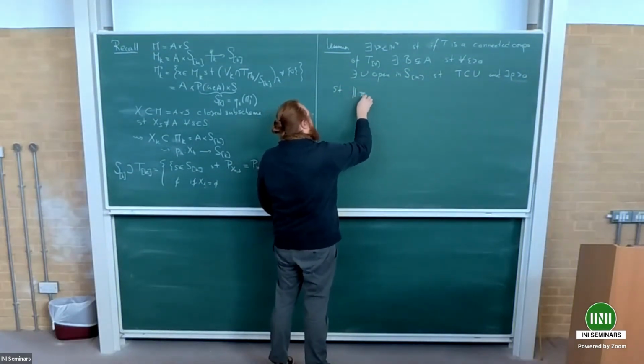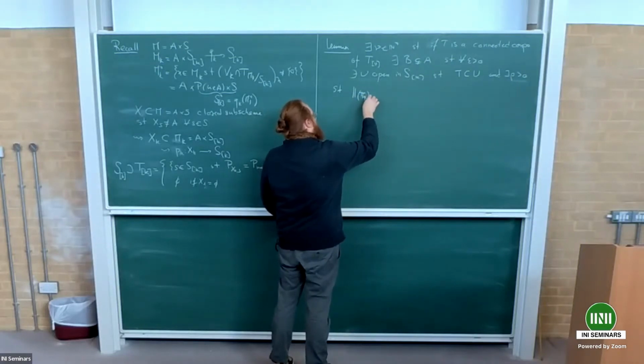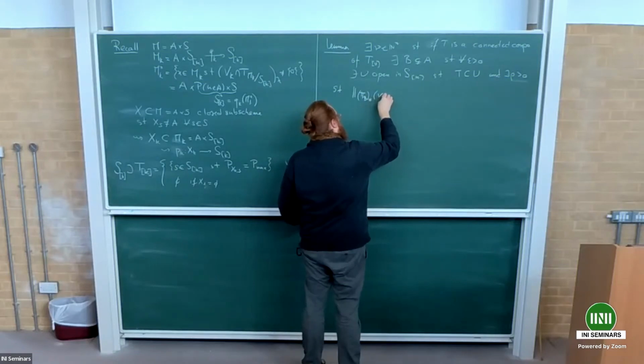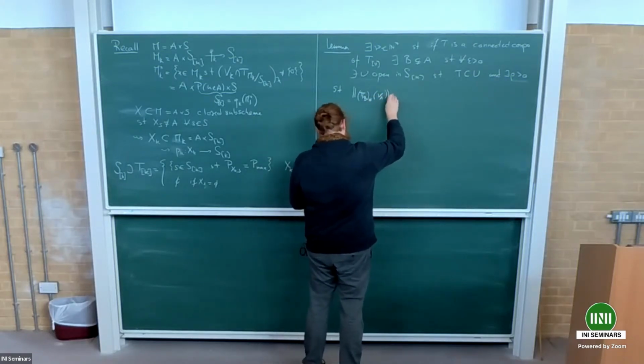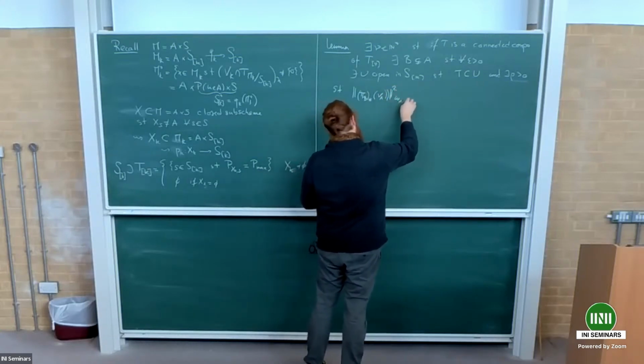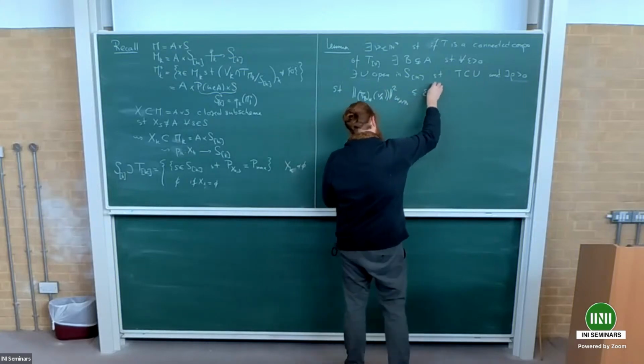So let me write it like this: PB star of V A squared omega A over B is less than epsilon.